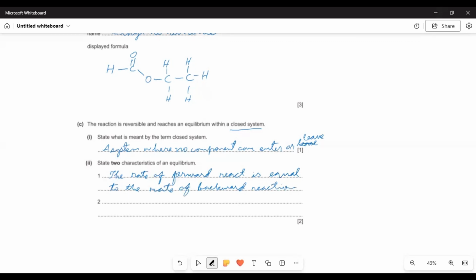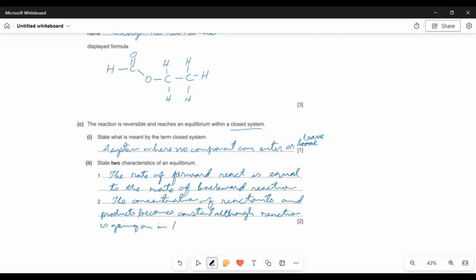And secondly, when the system is at equilibrium, the concentration of reactants and products becomes constant, although the reaction is going on in both directions.